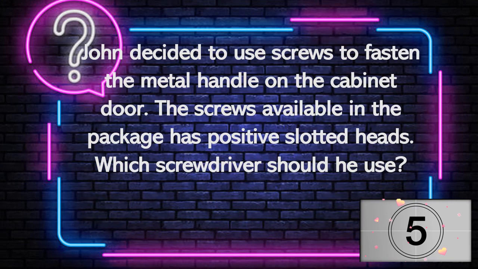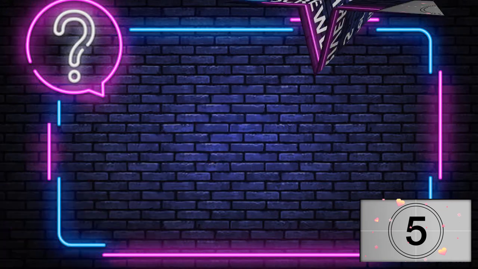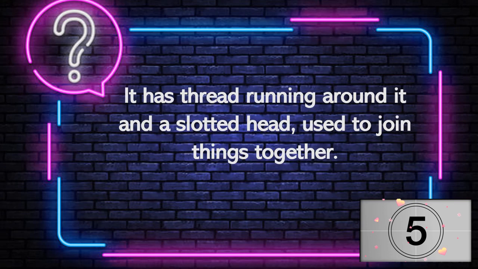John decided to use screws to fasten the metal handle of the cabinet door. The screws available in the package has positive slotted heads. Which screwdriver should he use? That is correct. It has a thread running around it and a slotted head used to join things together.